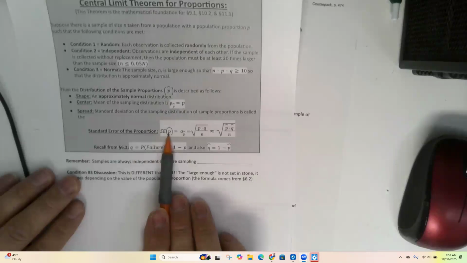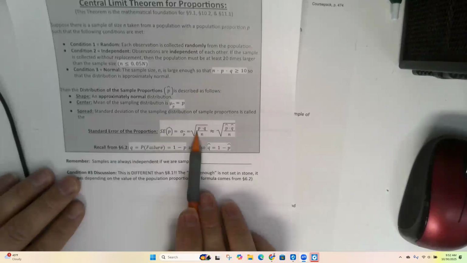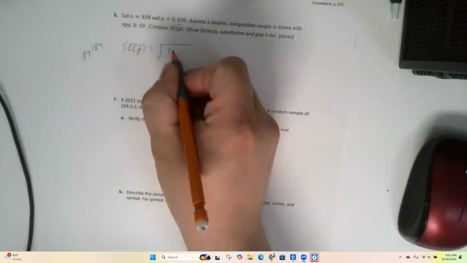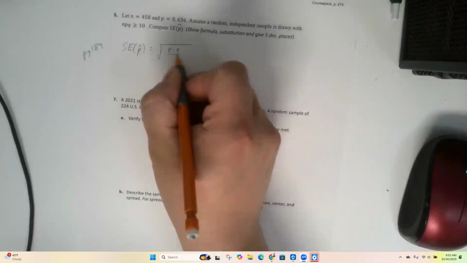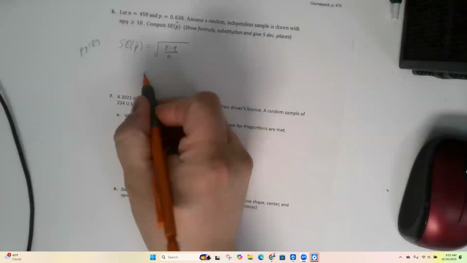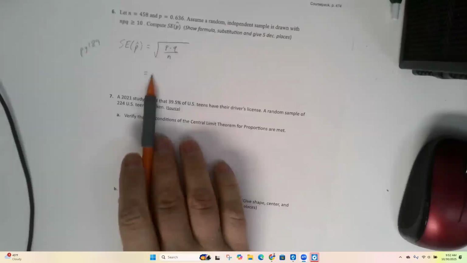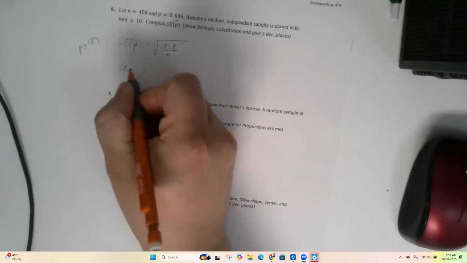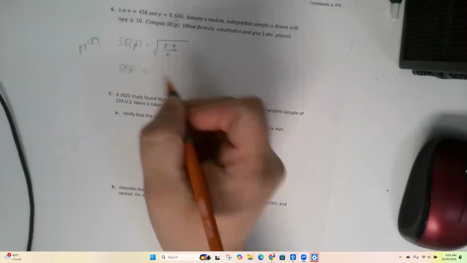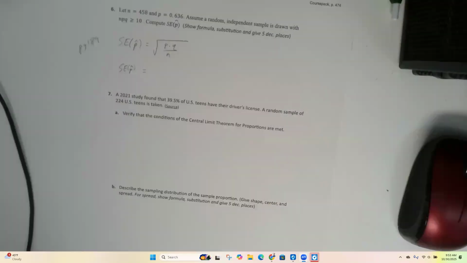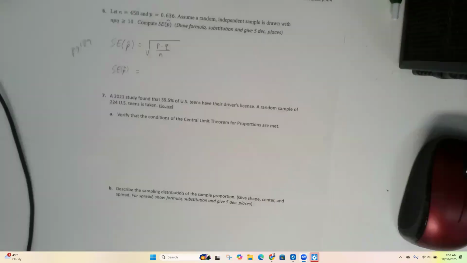Standard error of p hat is the square root of p times q over n. You're going to plug in what your p-value is, plug in what your q-value is, and calculate it out.